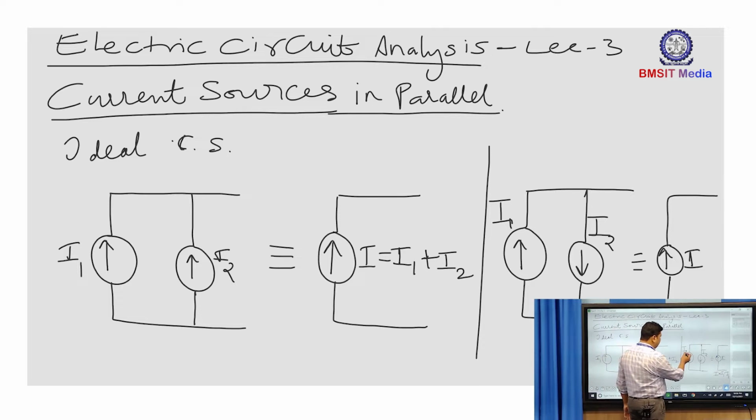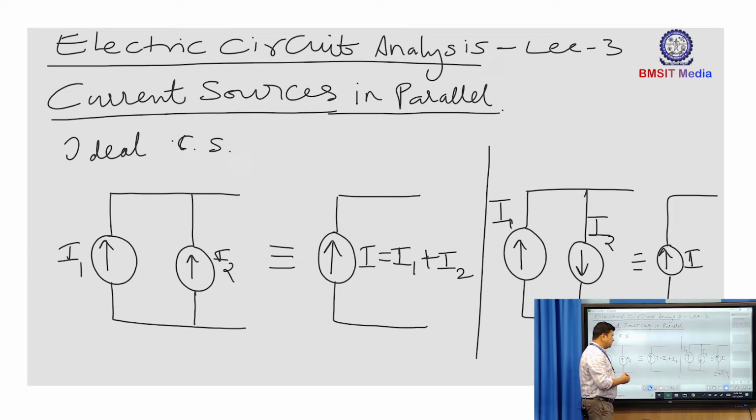So if current I1 is greater than current I2, the direction of resultant source will follow the direction of I1. If magnitude of I2 is greater than I1, then the direction of resultant source will follow the direction of I2.